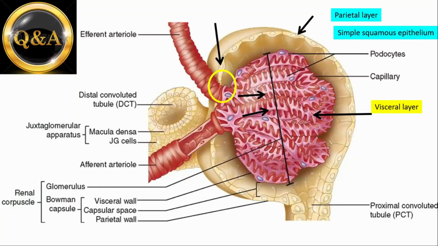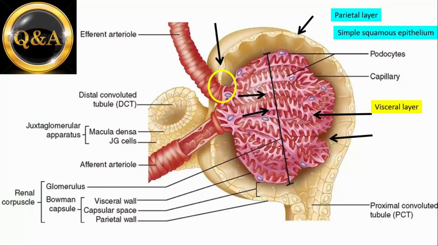The question is, are cells making the Bowman's capsule the same as in parietal and visceral? The answer is no. They are going to change in nature. The parietal is simple squamous and the visceral is podocyte cells.